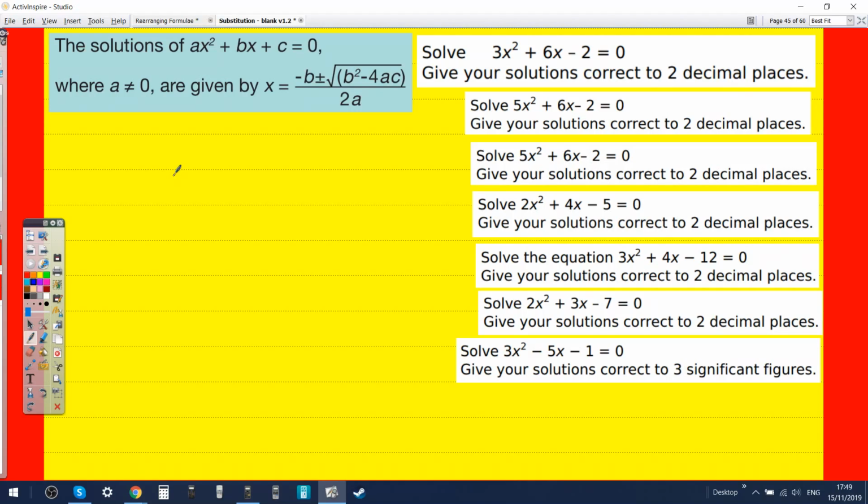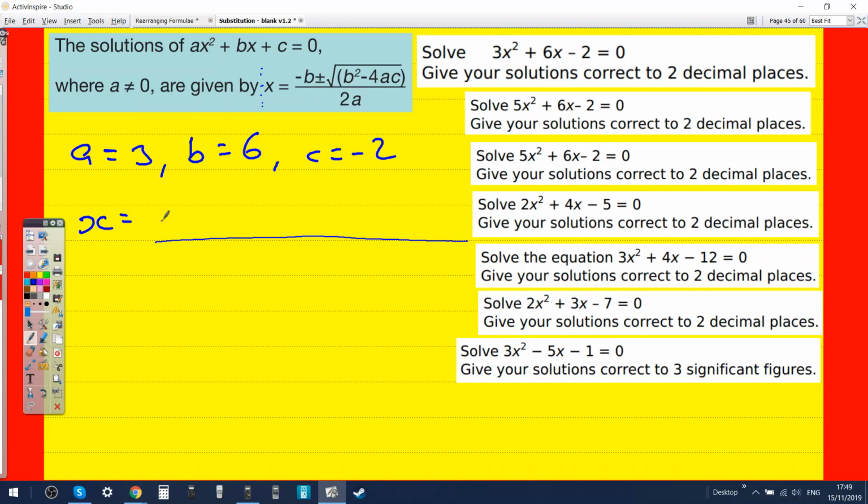Okay. A equals 3, B equals 6, C equals minus 2. So b squared is 36. So before b squared starts from x equals. Okay, so x equals minus 6 plus the root of, in brackets, b squared minus 4ac.